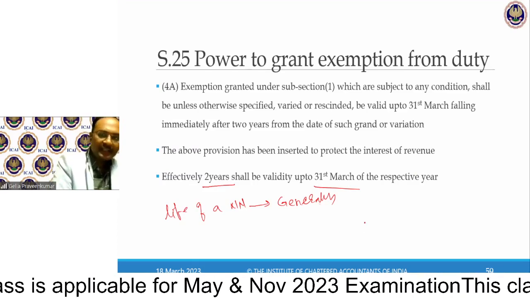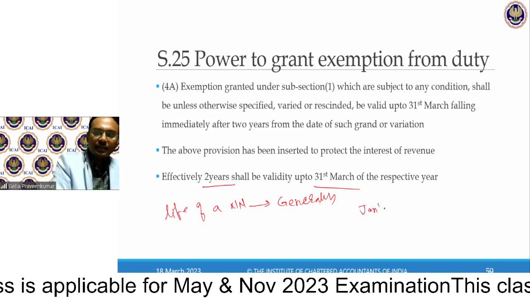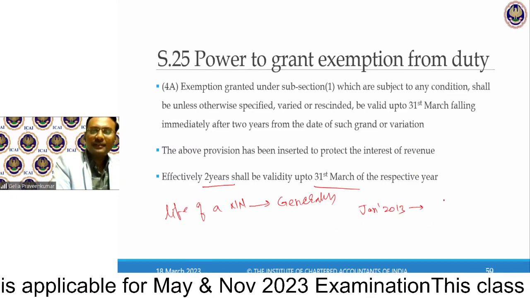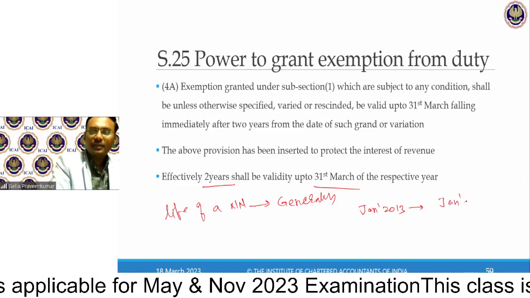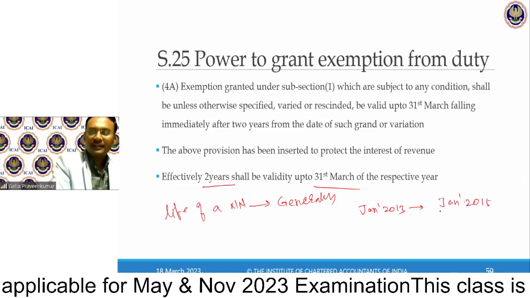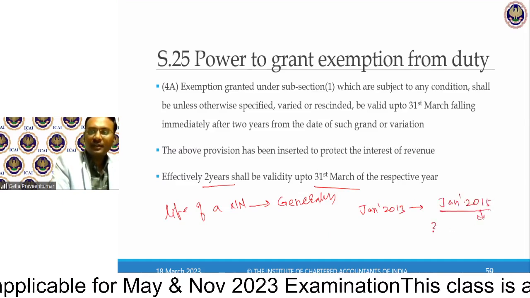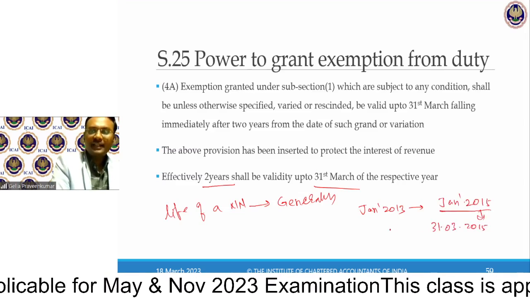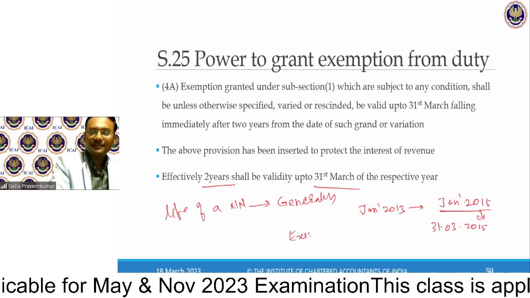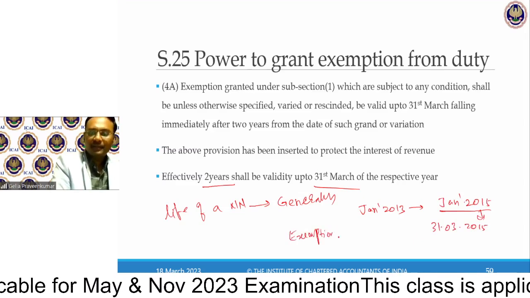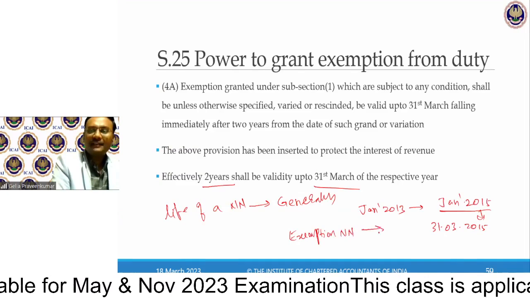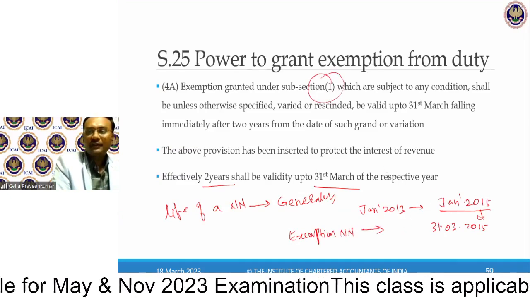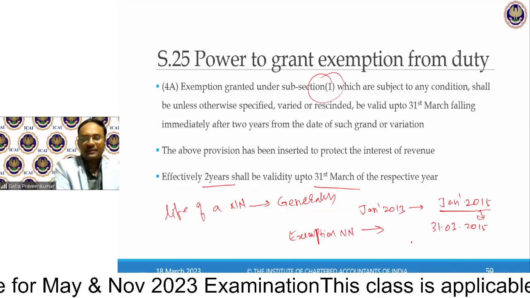Assuming, say, Jan 2013 a notification is given, 2 years from here will be Jan 2015. This 2015 ends on 31st March 2015. So generally, any exemption notifications under customs issued under subsection 1 will have this time limit of 31st March 2015.